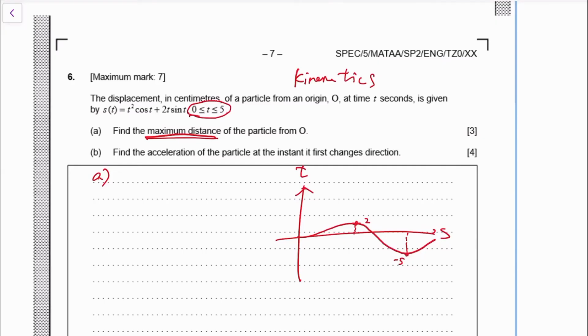But that's for displacement being minus 5. For the distance would be the absolute value of minus 5, so it will be 5. So this point would have a larger distance than this point, right? Because distance doesn't care about the negative. So it is this point that gives you the maximum distance. So on your GDC, you should look for the minimum instead.